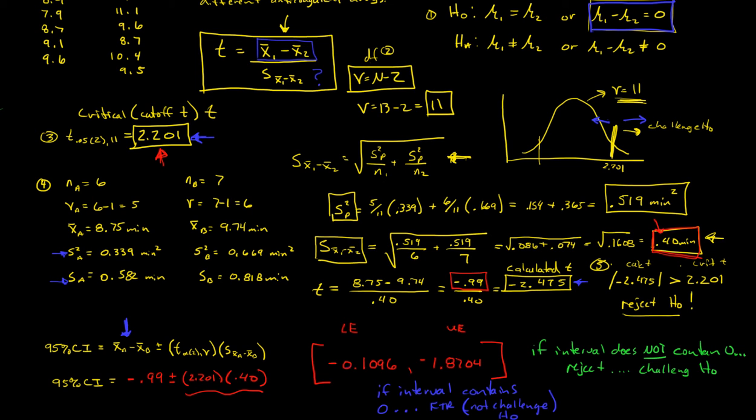And look here, I'm going from a pretty high negative number, and I'm approaching 0, but I never went to the other side of 0. So 0 is not in this interval. And therefore, what am I doing? I am going to challenge the fact that 0 could be an outcome, just like the null hypothesis said that 0 could be the outcome. I'm going to challenge that, and I'm going to reject the null. So the confidence interval is just another way of getting at the same information.